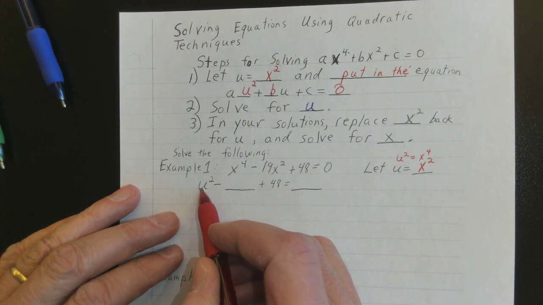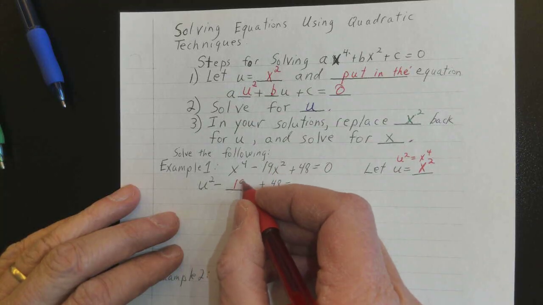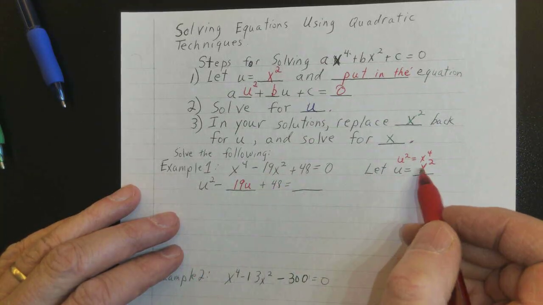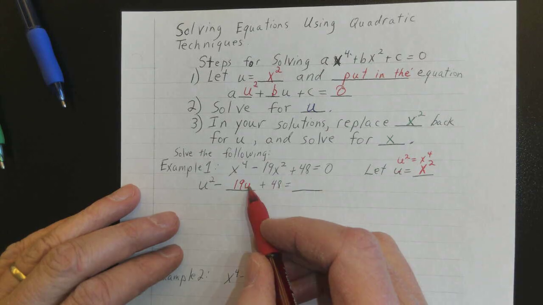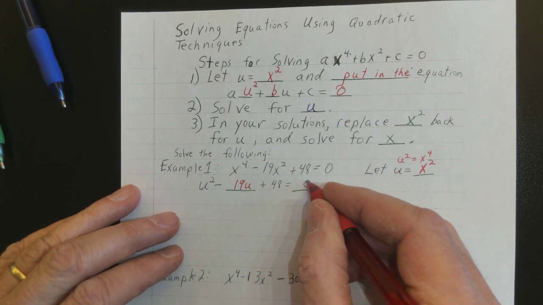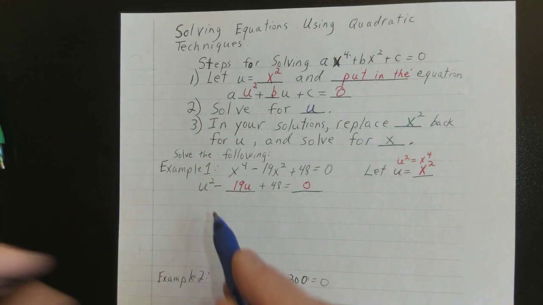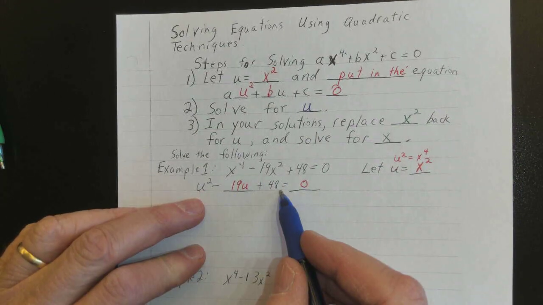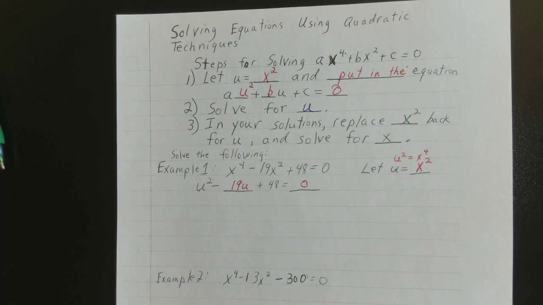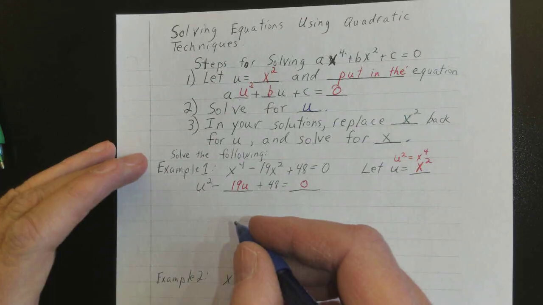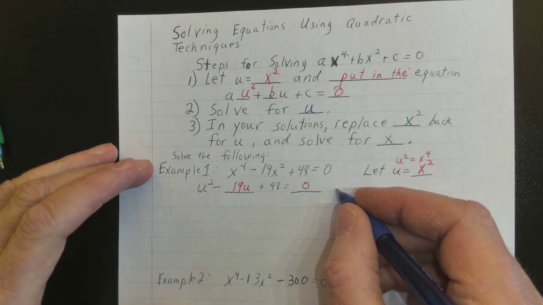So where this x to the fourth is, we're putting u squared minus 19u. We're taking the x squared out, putting the u in, plus 48 equals 0. It is now time to solve this quadratic equation. U squared minus 19u plus 48 equals 0.